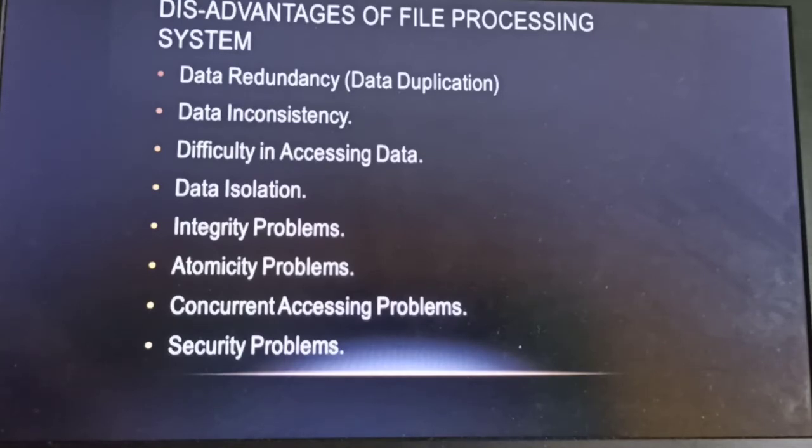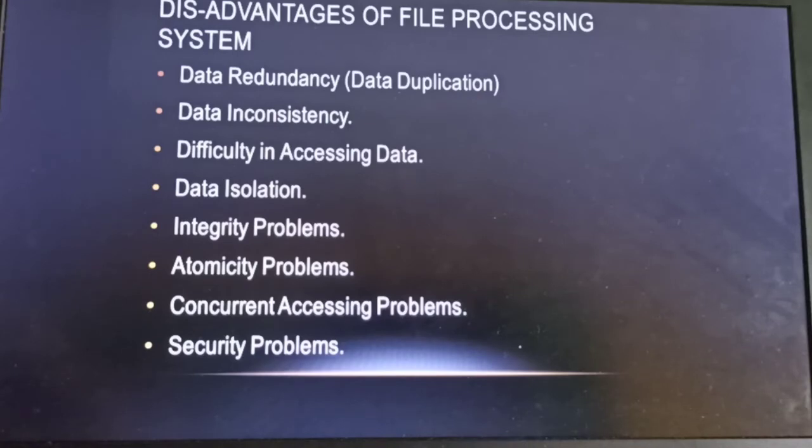For example, if accounts department and registration department keep student data, that is student name, number and address, data inconsistency occurs when there is data redundancy. Data redundancy occurs when data files and database file contains redundant, unnecessary duplication of data.